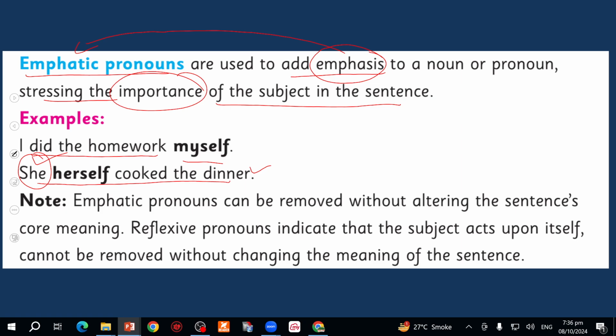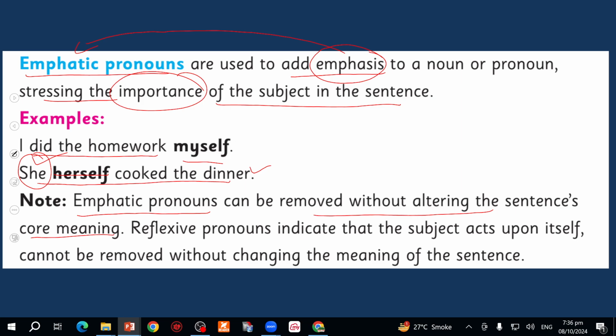She cooked the dinner. It's a right sentence if we remove herself. But herself, this reflexive pronoun is added to show emphasis and to show more focus and importance of the subject. So showing importance, we are using emphatic pronouns. Emphatic pronouns can be removed without altering the sentence's core meaning, just like we did here. I did the homework.